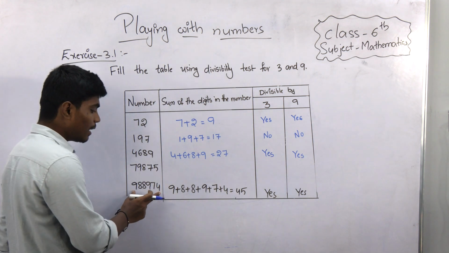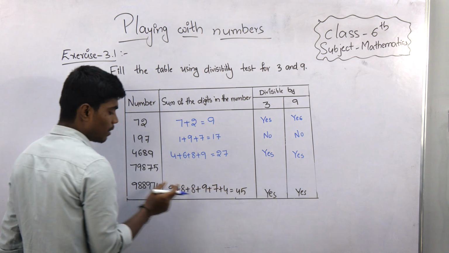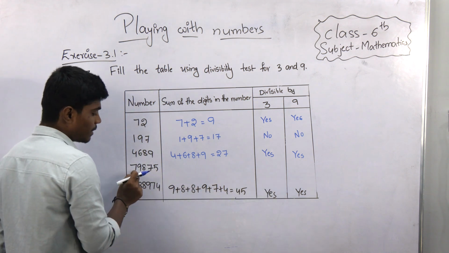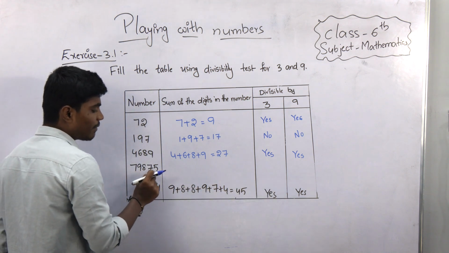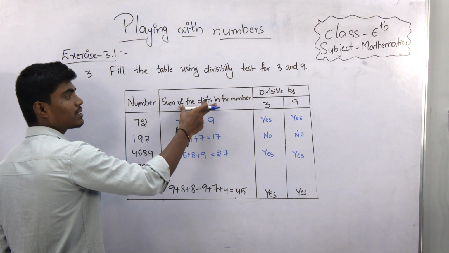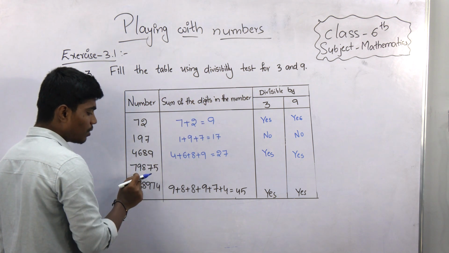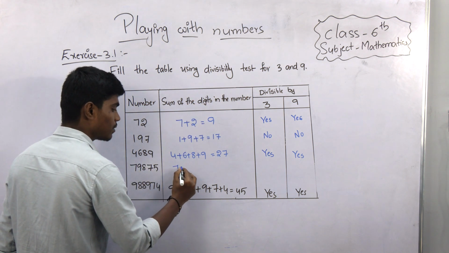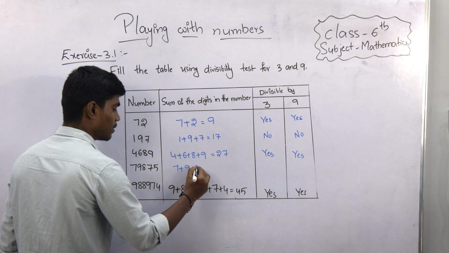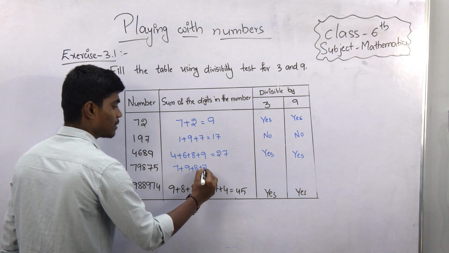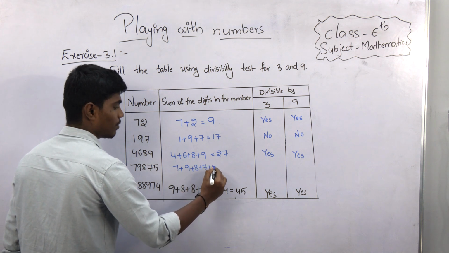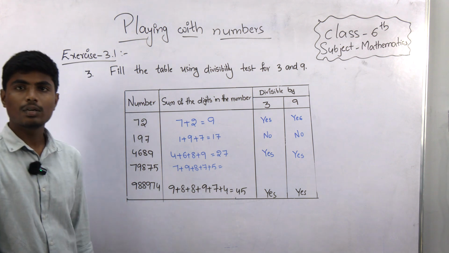Okay. Here the last he has already solved. Now last but one. See, 7, 9, 8, 7, 5. We have to find the sum of the digits in the number. So 7 plus 9 plus 8 plus 7 plus 5. Okay.